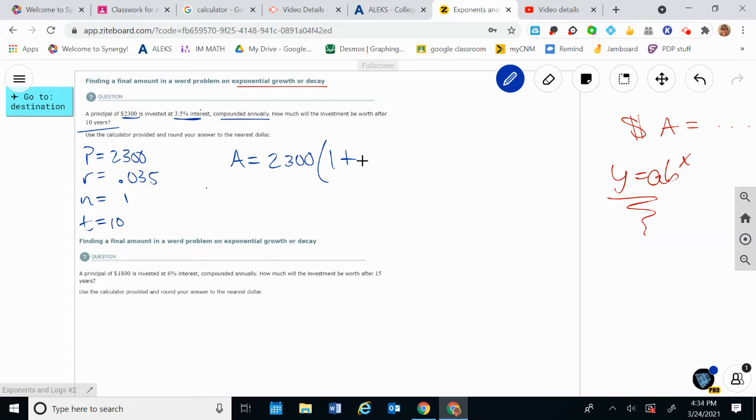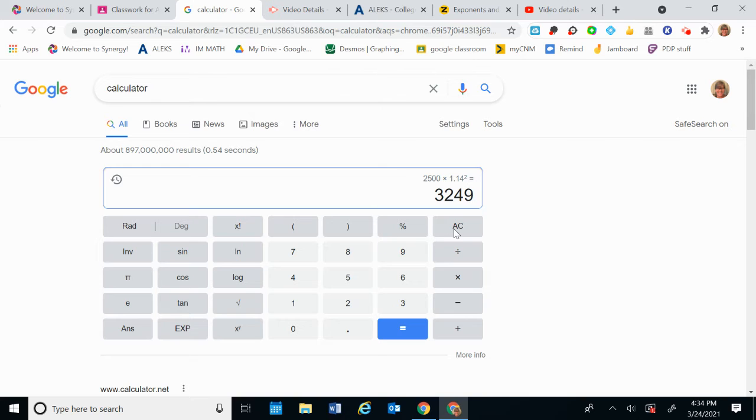That's what's fun about this too, you just have to plug it in. This becomes 2,300 times 1.035, because you add these, to the 10th power. When you plug it into the calculator, you can plug it in that way.